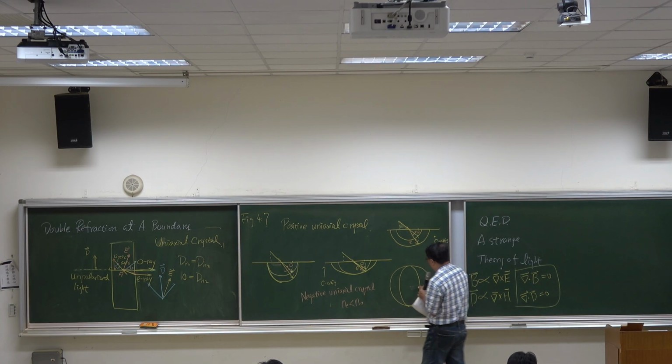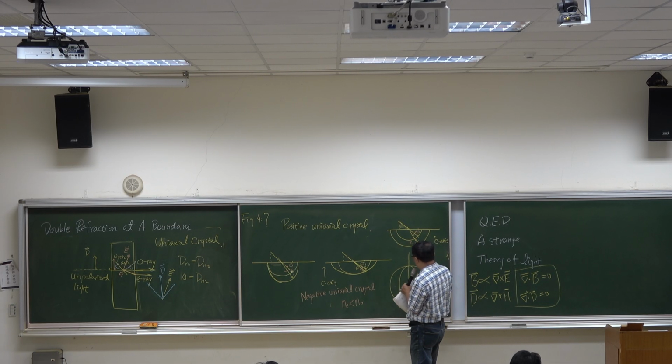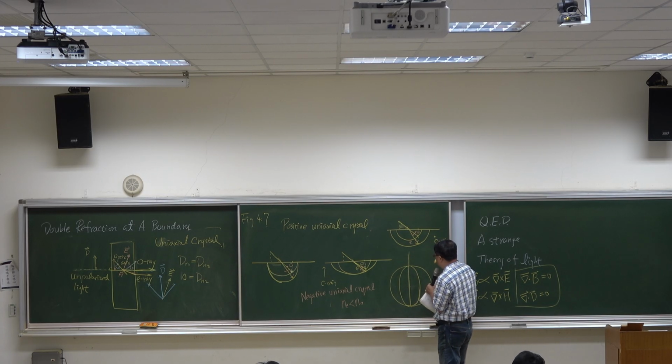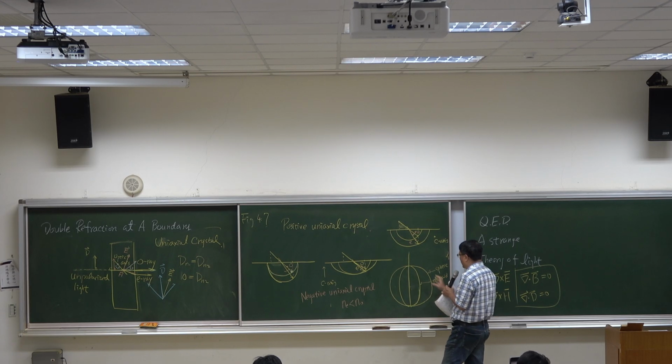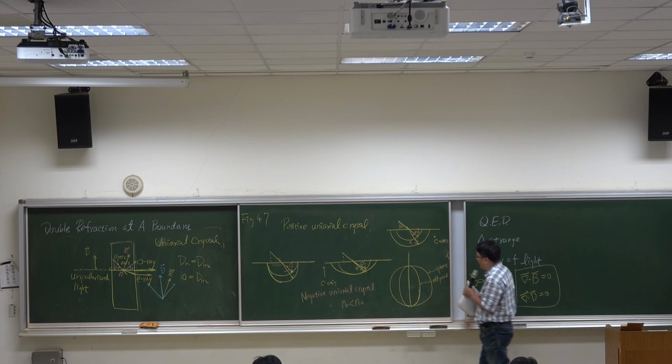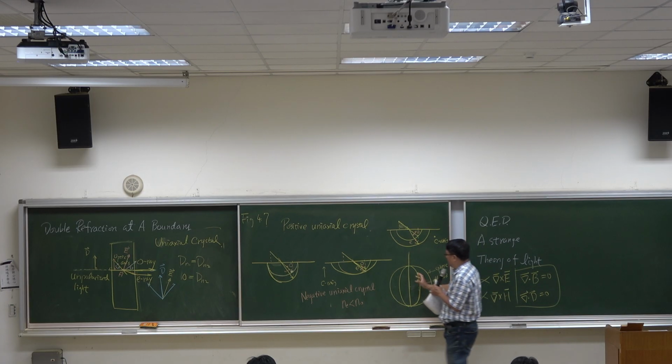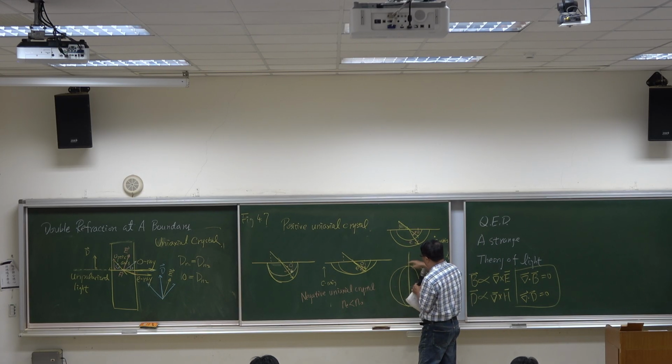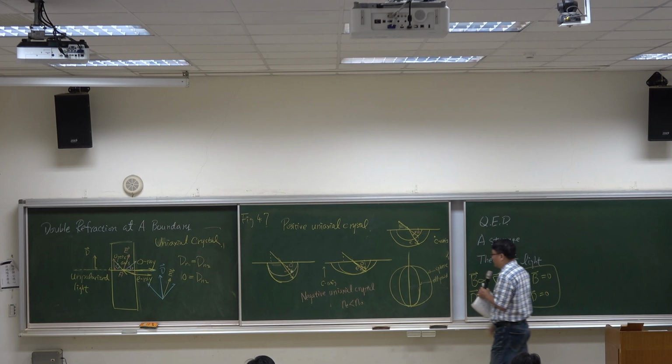Okay. And this direction is the optic axis or z-axis. And the normal surface consists of one sphere and one ellipsoid. Okay, and both of them are formed by rotating the corresponding curve around this z-axis.